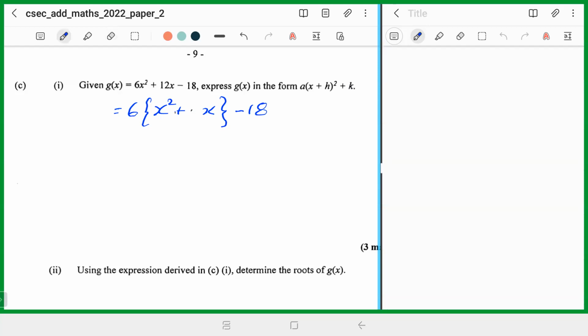Thanks for that. I factorize with a 6, I'm getting 2x there. And I'm going to complete the square inside here. It's an easy 2-step process. The 6 is a factor. And then inside here, it becomes x and half of this coefficient, which is a positive 1 in the bracket.